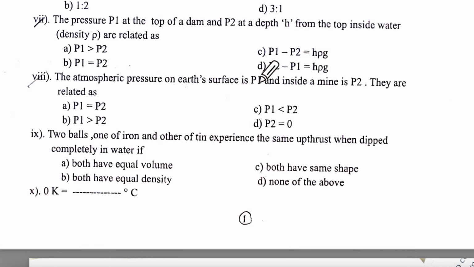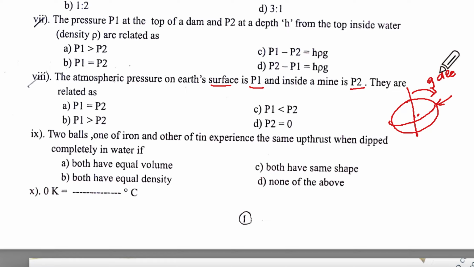Atmospheric pressure on the Earth's surface is P1 and inside the mine is P2. Remember, on the Earth's surface, this diagram I had told you to know by heart, correct? At the equator, this distance from the center is more, this distance from the North Pole is less. So g this way decreases. Okay, g decreases. So gravity decreases.